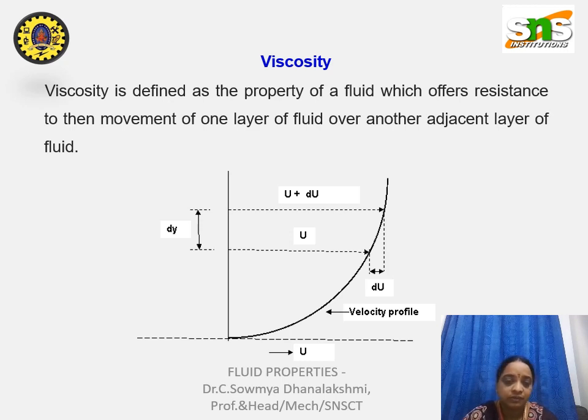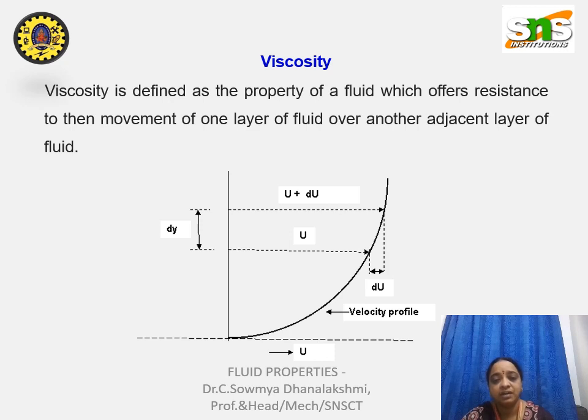So when a fluid tries to move from left to right, the adjacent layer will always show some resistance to the left to right movement, and it will make the fluid tend to move from right to left, which means the movement of the fluid will be resisted by the adjacent layer. This property is called viscosity.